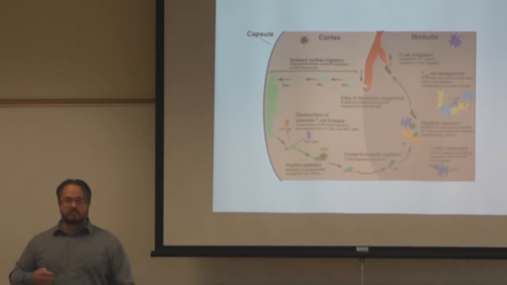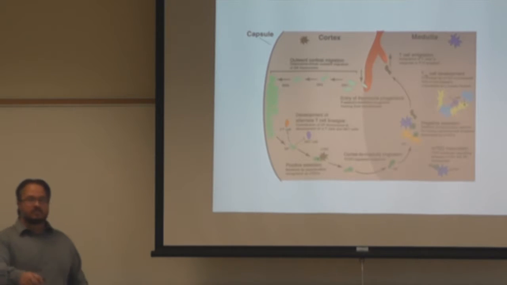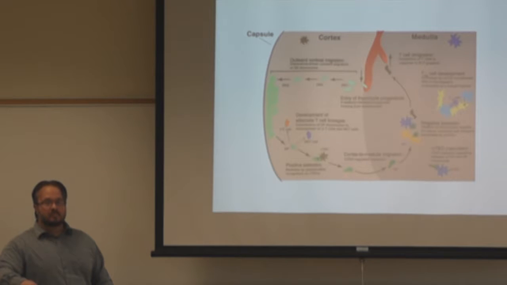I heard somewhere that 95% of the T cells die. Yes, the majority of them do die in the cortex, but they're going to become double positives before that happens.